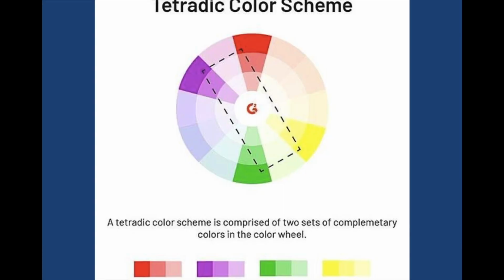A tetrad is a 4-sided shape, so a tetradic color scheme is achieved by imposing a rectangle on the color wheel. This can result in a double complementary color scheme, as is shown here with red, green, and purple, yellow. By using any of these color schemes, you can give your work a unity or harmony rather than a feeling of discord.